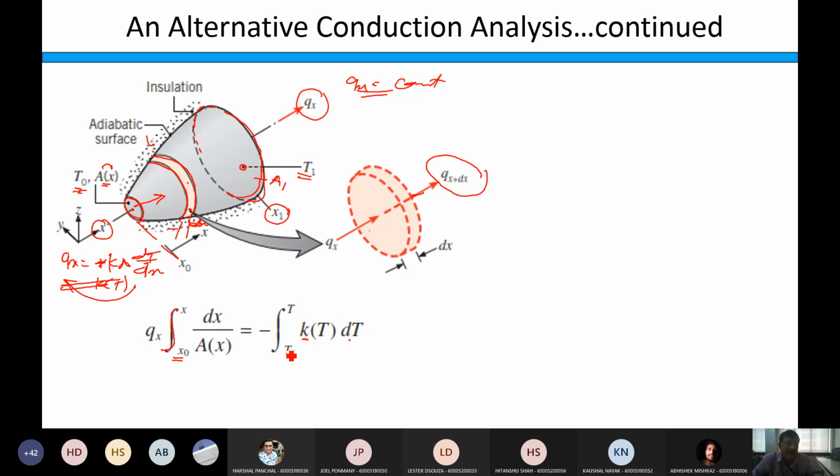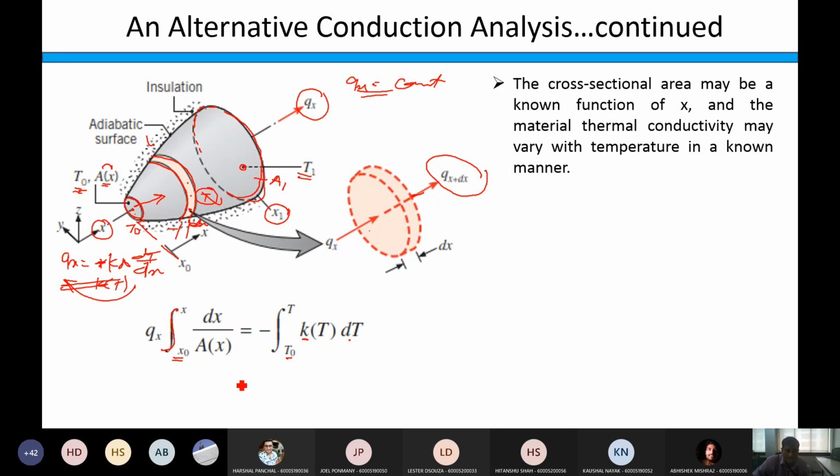And how is this temperature varying? From this phase where the temperature is T0 to this phase where the temperature is T. I don't know where this phase is located, that's why I am taking any temperature T, right? Is it clear? This is simply the variable separable method.